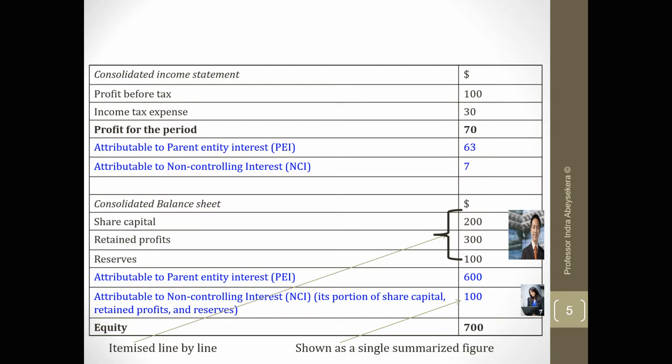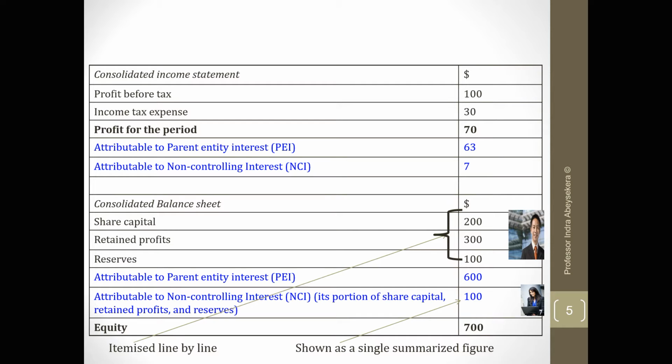If you look at the balance sheet, the group balance sheet will have the assets and liabilities which are controlled by the parent, having the controlling interest of the subsidiary, and that is supported by the ownership interest of the group.